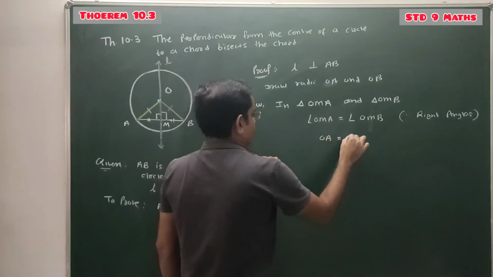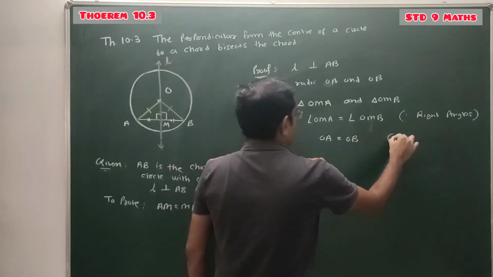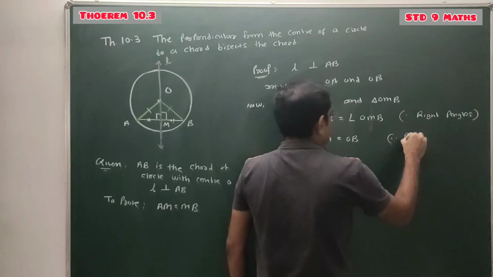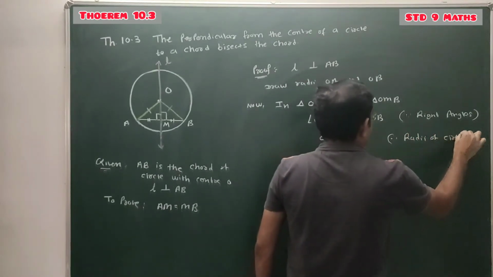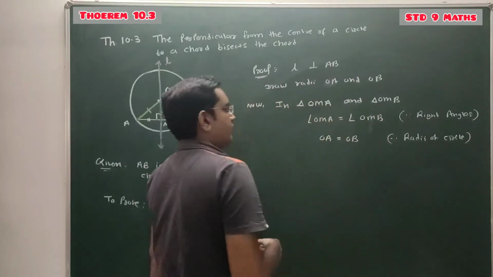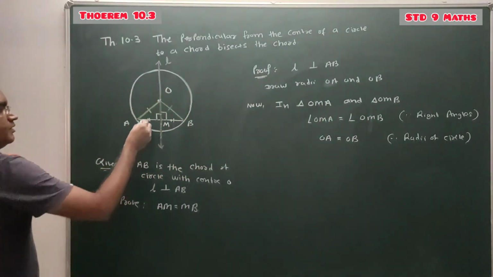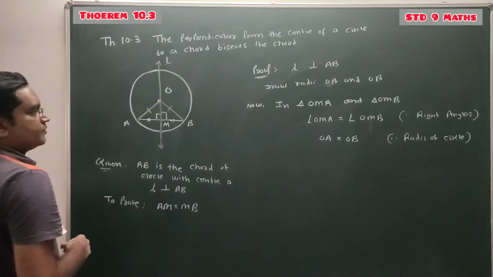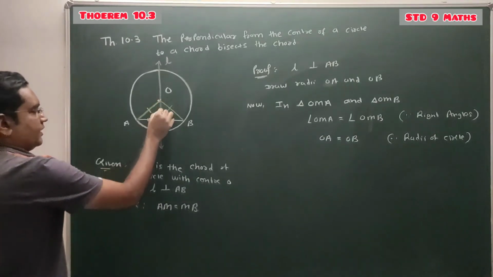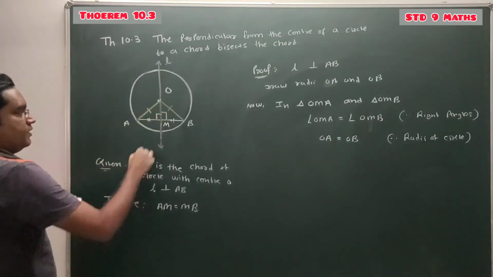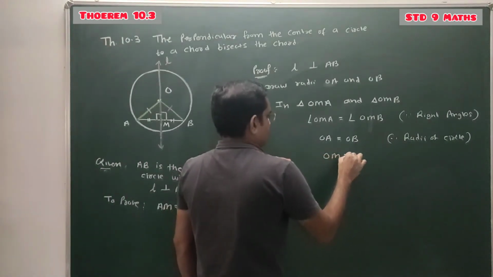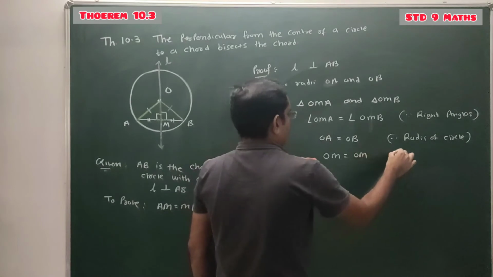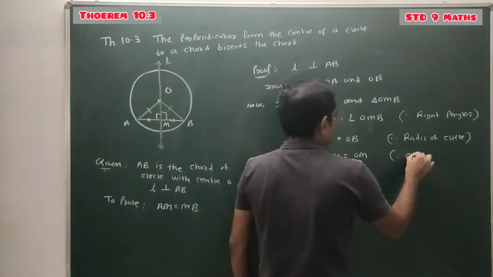Done. Second, OA equal to OB. Reason is radii of circle. Two radii of the same circle, so they are equal in length. Done. So right angle, hypotenuse and side: OM equal to OM, which is the common side.